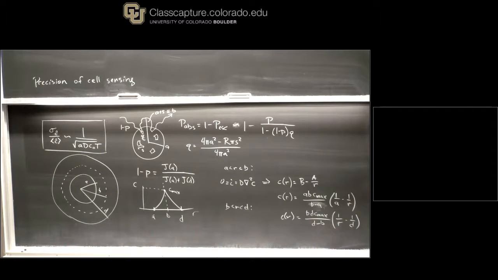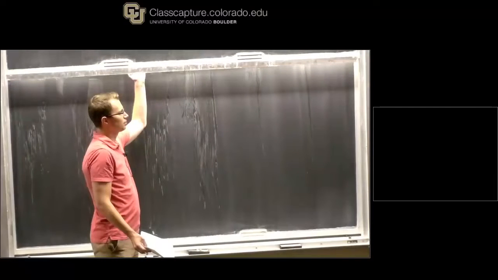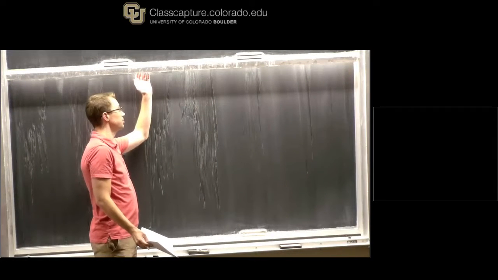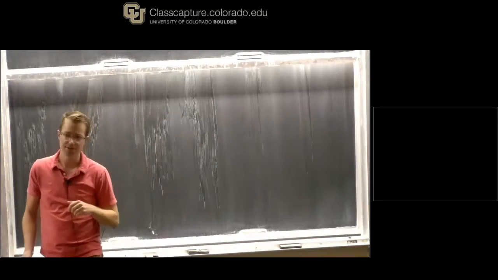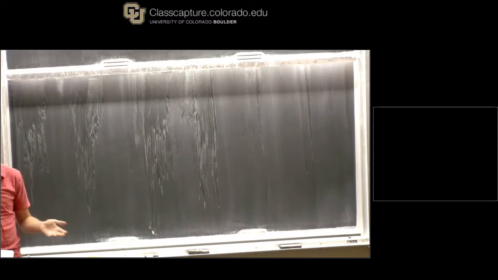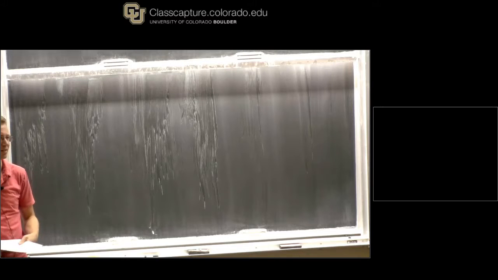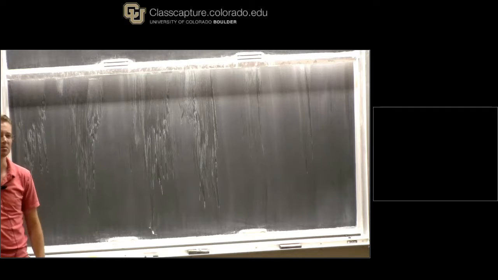Now I'd like to address a question that I would hope is sort of the elephant in the room, and it's something that Berg and Purcell left to the end of their paper, and that is, does any of this actually matter for what we observe, right? So can we compare this type of thing to experiments?